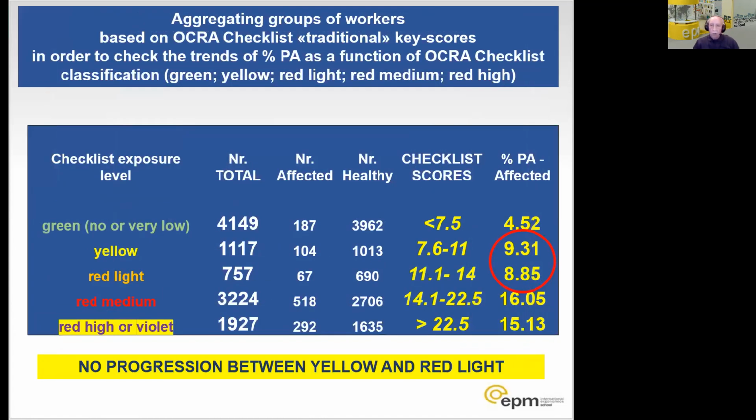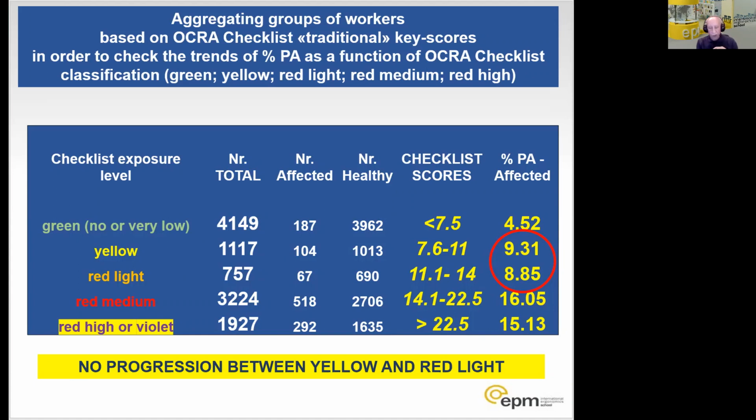And to go to the second scope of our presentation, we intended to look at the groups of exposed by the traditional classification and to see if there was a progression passing from the green to the red high condition.